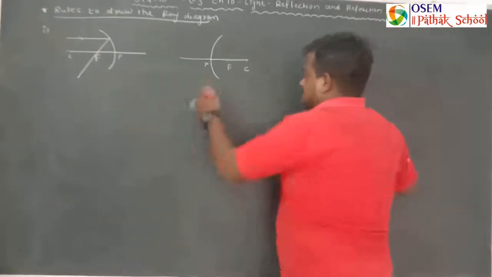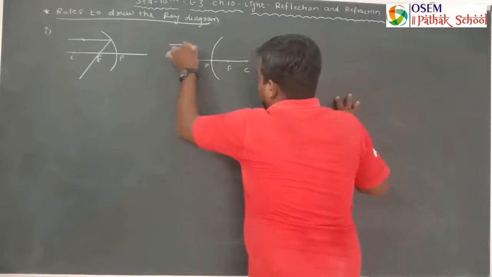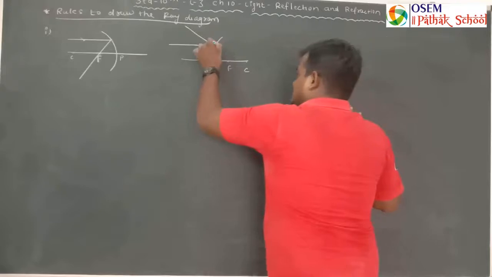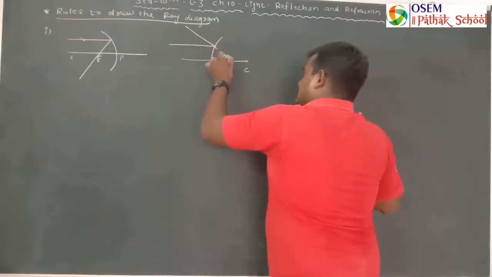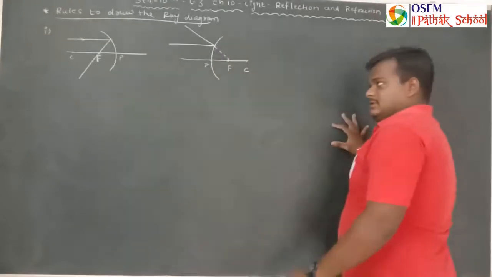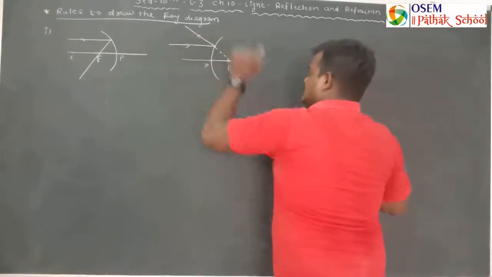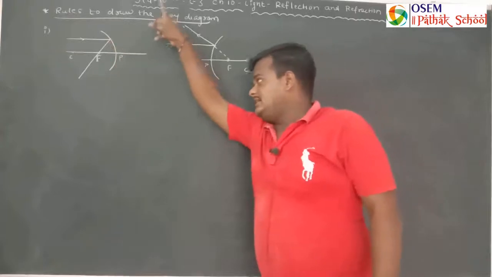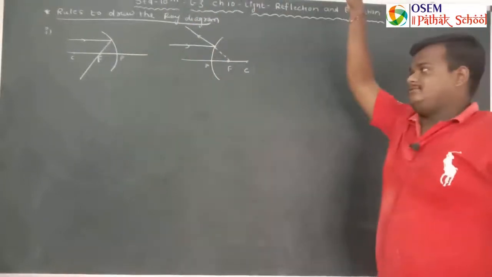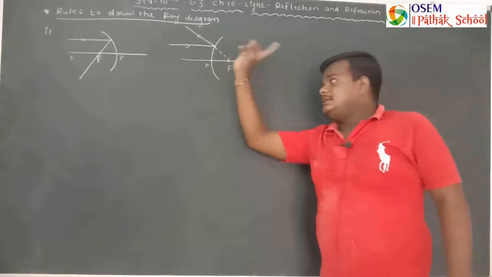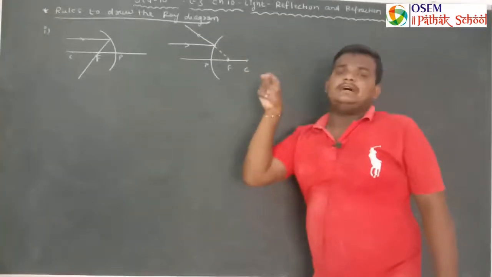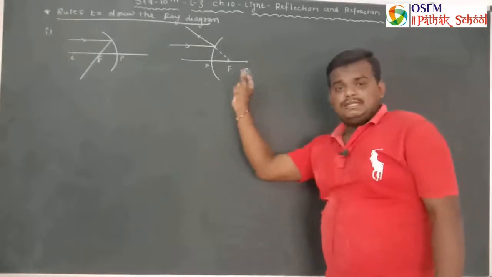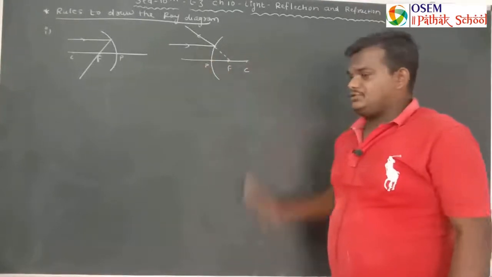And for a convex mirror, the light ray coming from an infinite distance gets reflected, but it seems to meet at F. So these are two cases of the first rule. A light ray coming from an infinite distance, after being reflected, passes through F. In the convex case, it seems to pass through F. So this is the first rule.